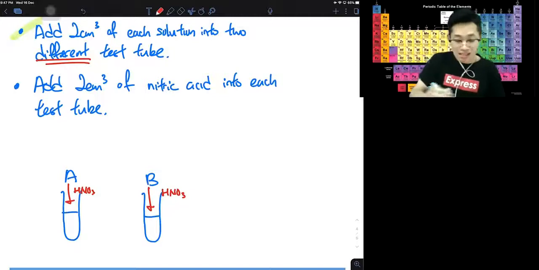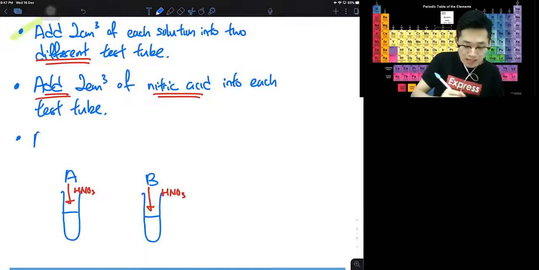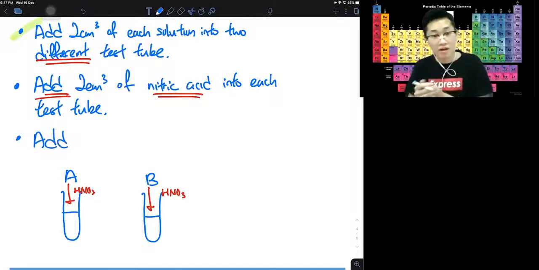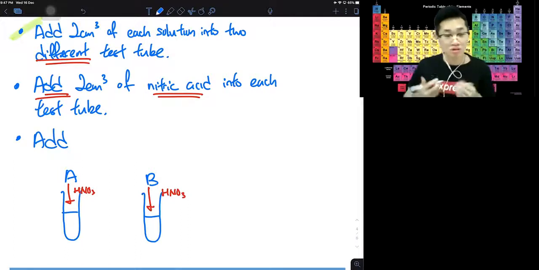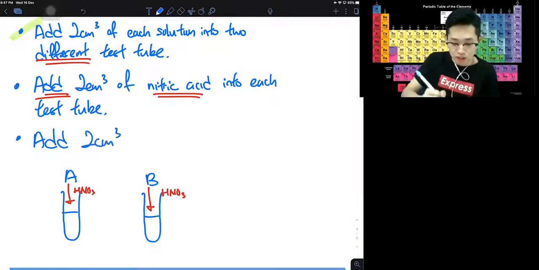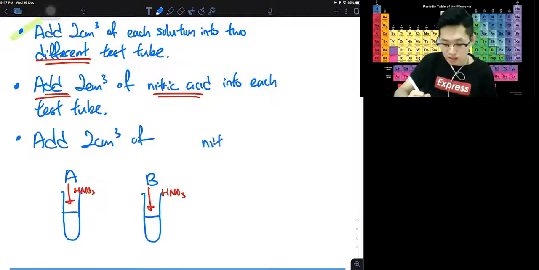After I add acid, the next thing I'm going to do is add, up to you, you want the chloride first or sulfate first. Let's say I ask you all, what do you want to test? What do you want to add? Add 2 cm cube of what? Something nitrate.